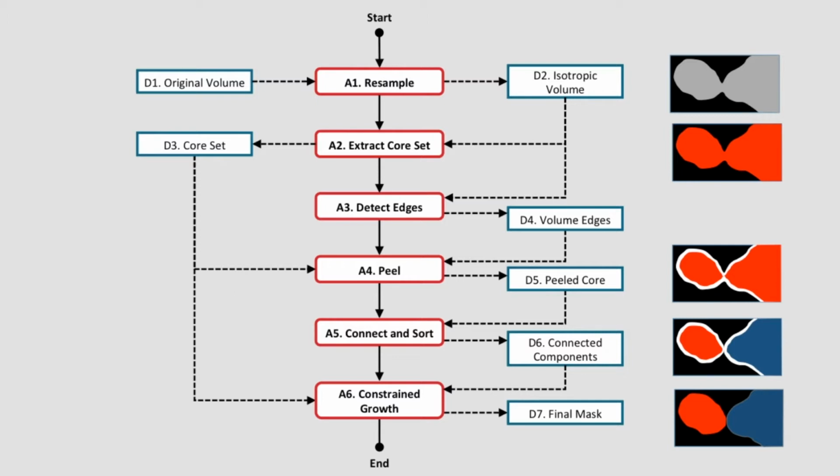The grow operation adds voxels within a given distance of the ROI boundary. Any recovered voxels must still belong to the core set. The thickness of the recovered region is controlled by the grow distance, which should be larger than the peel distance.